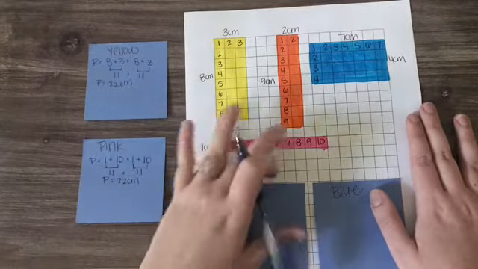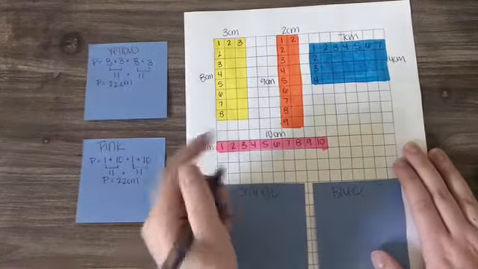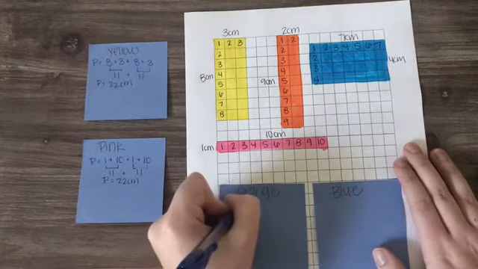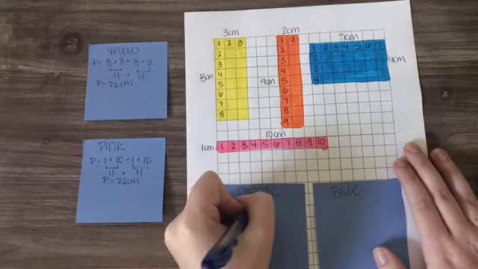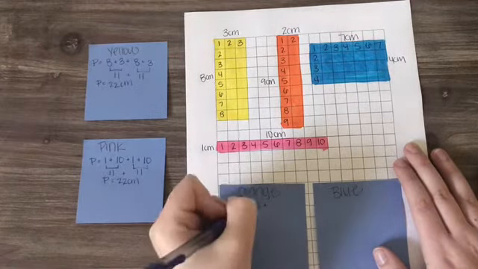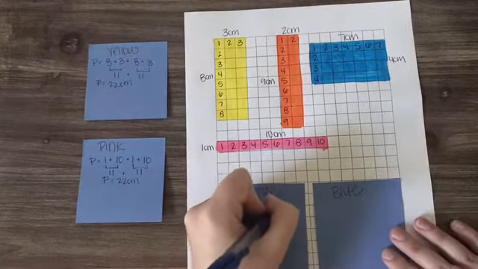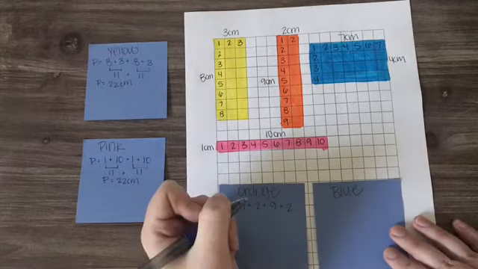Now let's look at our orange one. What is my length for this shape? Exactly, we have a 9 as our length. What is our width? 2, nice. Okay, and if we have 9 as our length on that side, 9 is going to be there for our length again, and our width is also going to be 2.